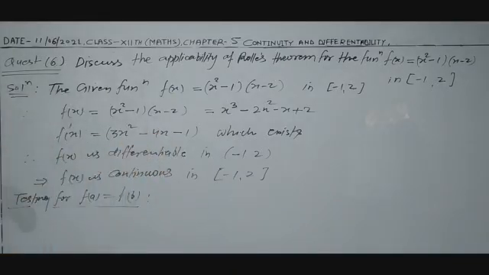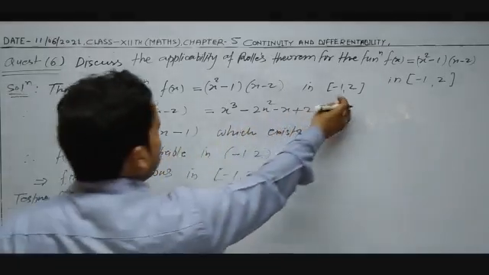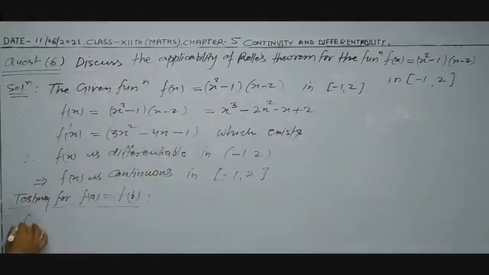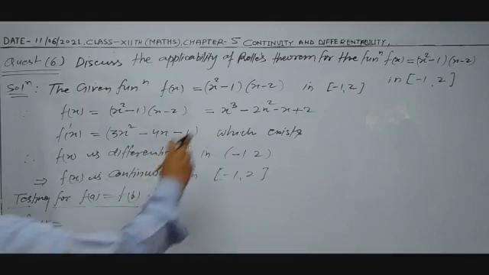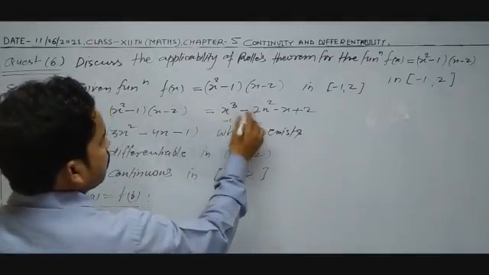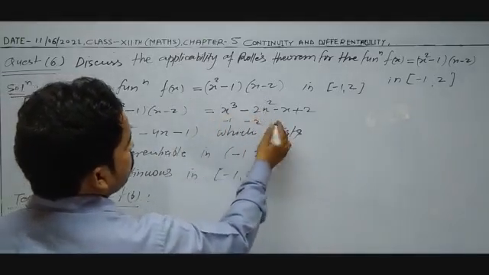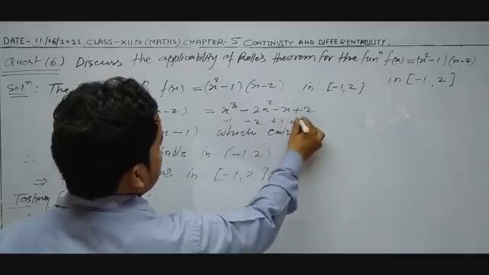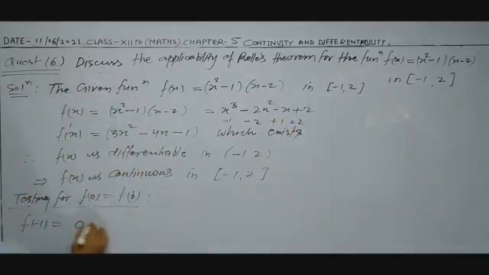Then what will you get? f(a) means f(−1). Calculate f(−1). At the place of x, put x = −1. So f(−1) will be −1, −2, +1, +2. The result you will get is 0.